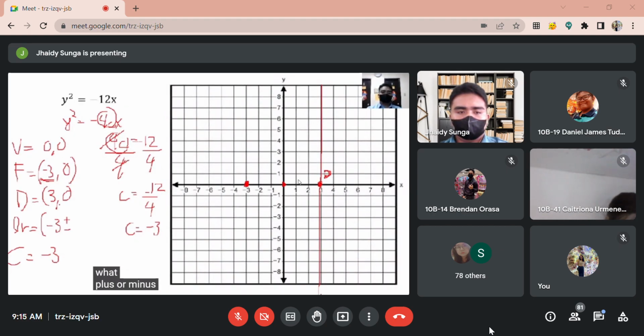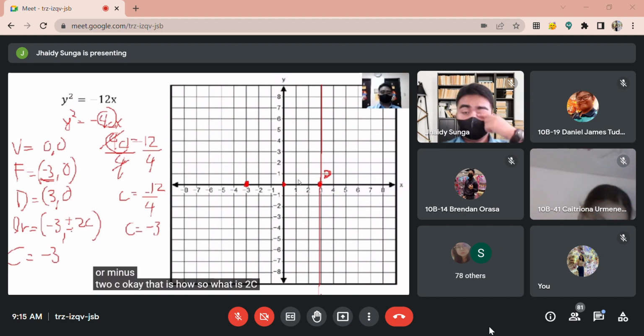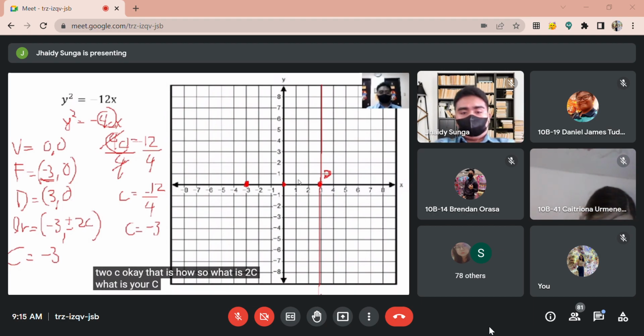Plus or minus, I'm sorry, this is the one. Negative 3, and your y-axis will be plus or minus 2. Okay? That's how. So what is 2c? What is your c? The value of your c is just negative 3.